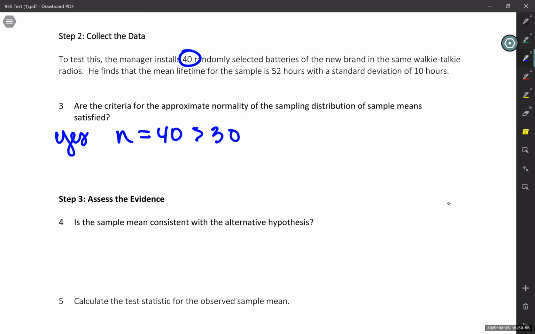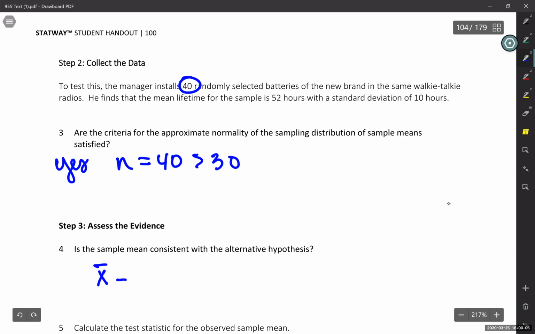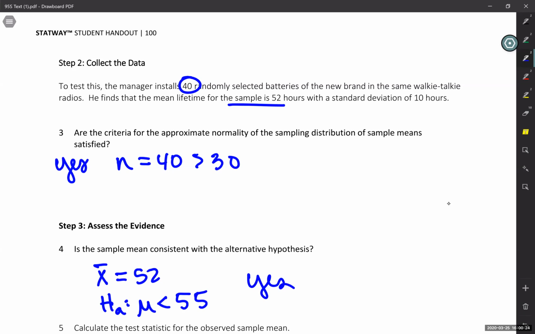All right, is the sample mean consistent with the alternative hypothesis? The sample mean is 52, and the alternative is less than 55. So yes, it is consistent with the alternative because 52 is less than 55. It doesn't give you the answer to the problem. It just tells you if you're on the right track.